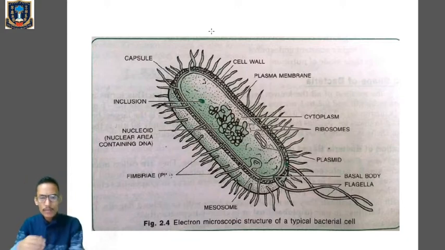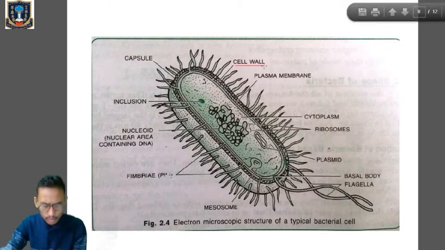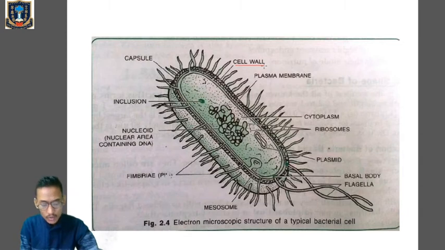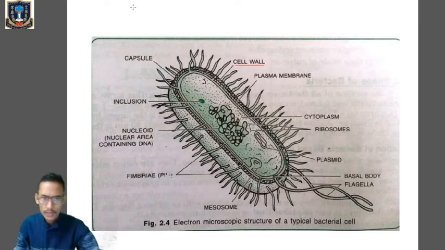All right, so bacterial cell is composed of a rigid cell wall, whose thickness is about 7.5 nanometer to 12 nanometer in gram-negative bacteria and 20 nanometer to 80 nanometer in gram-positive bacteria. For this, kindly go through page number 10. Okay, 2.10. 2 means chapter number 2 and 10 is the page number for chapter number 2.